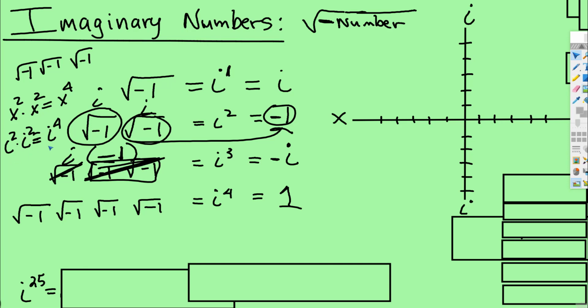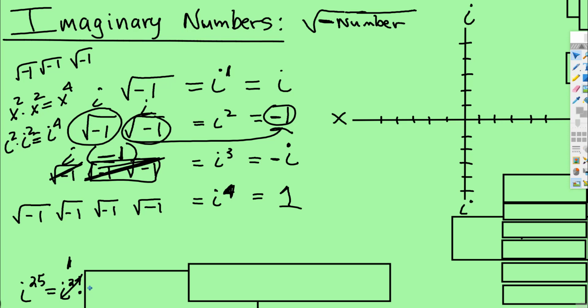Well, using laws of exponents, you want to get multiples of 4 because i to the 4th is 1. So what is the closest number to 25 that's a multiple of 4? Well, that's i to the 24th, which, since that's a multiple of 4, cancels to 1.